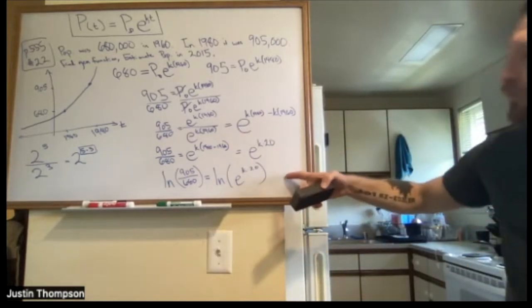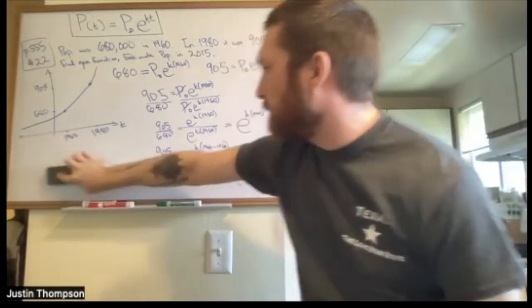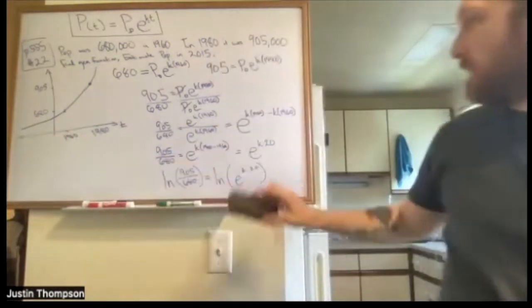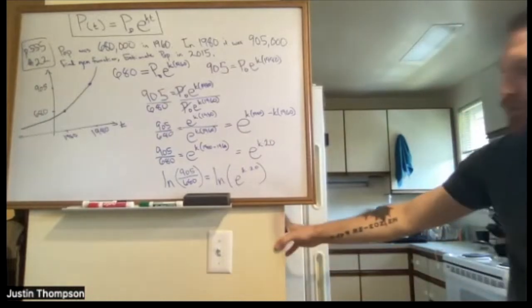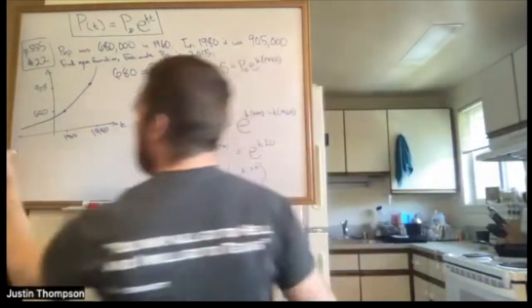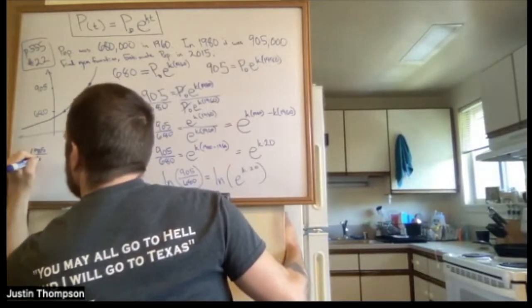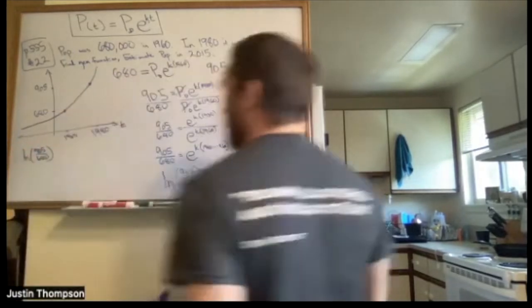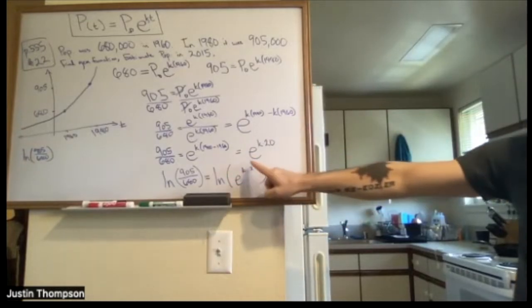So I'm going to write this over here, because I want some more room. On the left-hand side, we have the natural log of 905 over 680 equals, well, the log of e to anything is just whatever that anything is.